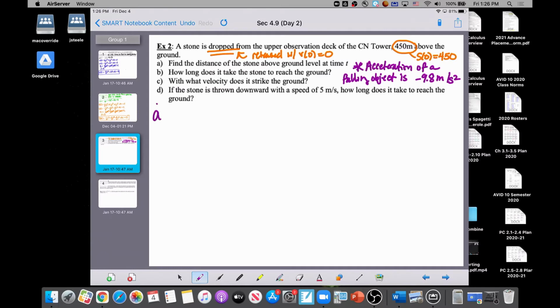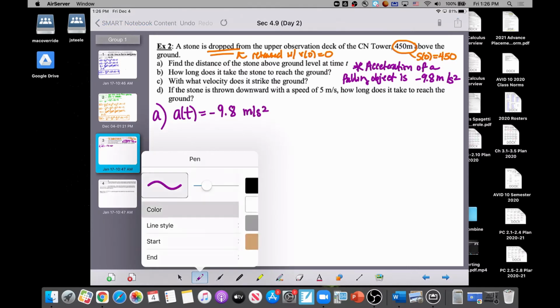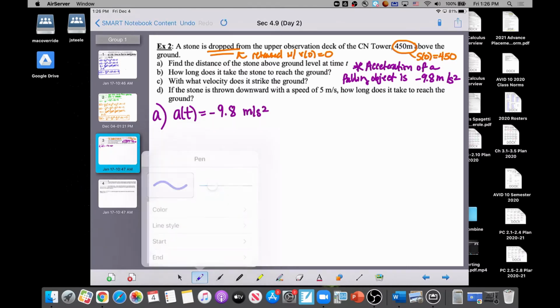So for part A, if we want to find the distance of the stone above ground level at time t, then we have to find 2 antiderivatives. We start with the fact that our acceleration function is negative 9.8 meters per second squared. The antiderivative of that would be our velocity. So our v of t would just be negative 9.8 t plus c.